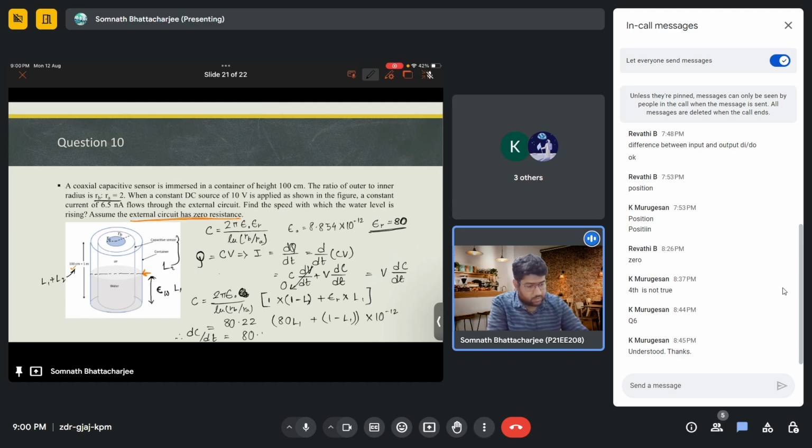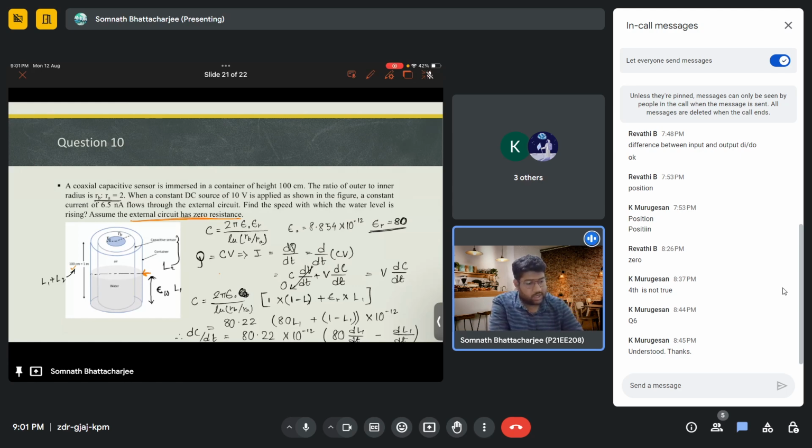So it will be 0.22 to 10 to the power minus 12. Let's just remove these things. 80 into dl1, change in L1 with respect to time, and there should be dl1 with dt, right? Because anyways one is getting eliminated.